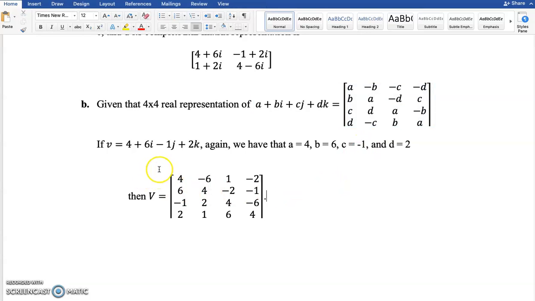So we obtain the 4 by 4 real matrix representation of the given quaternion. Let's check that this is correct.